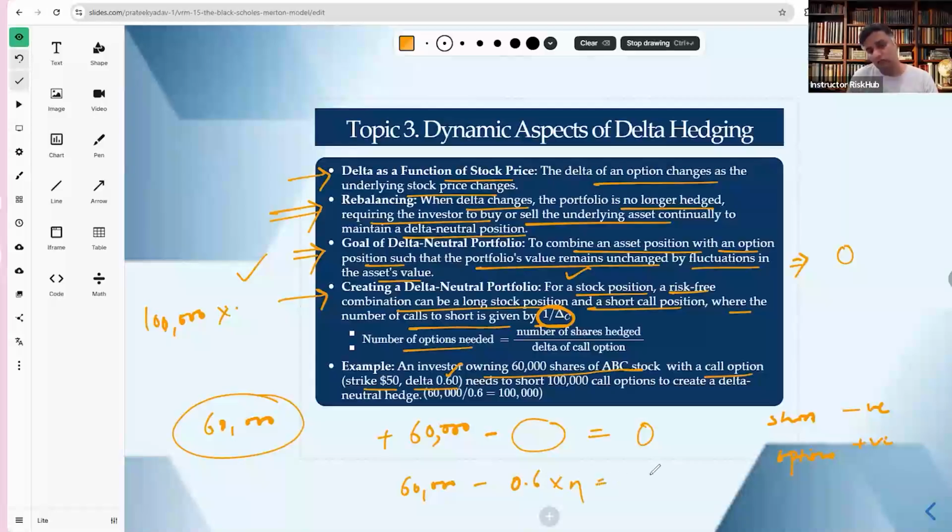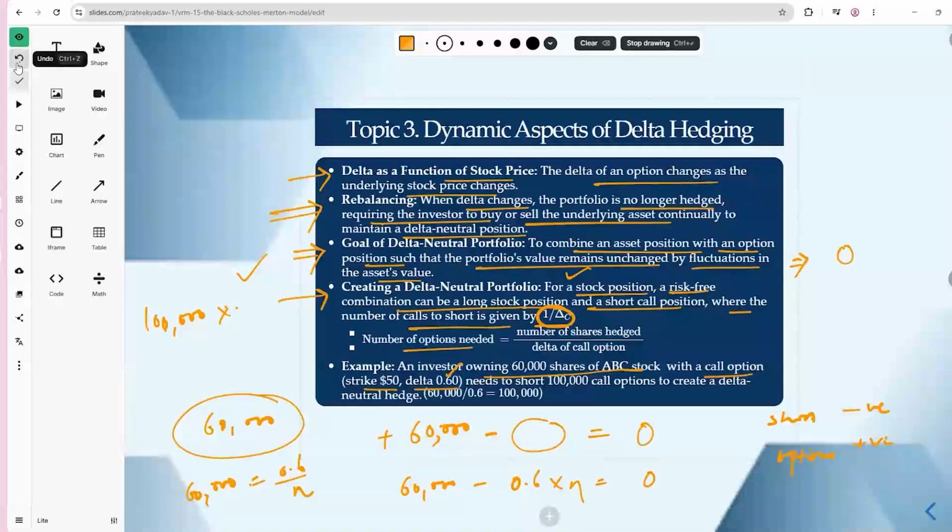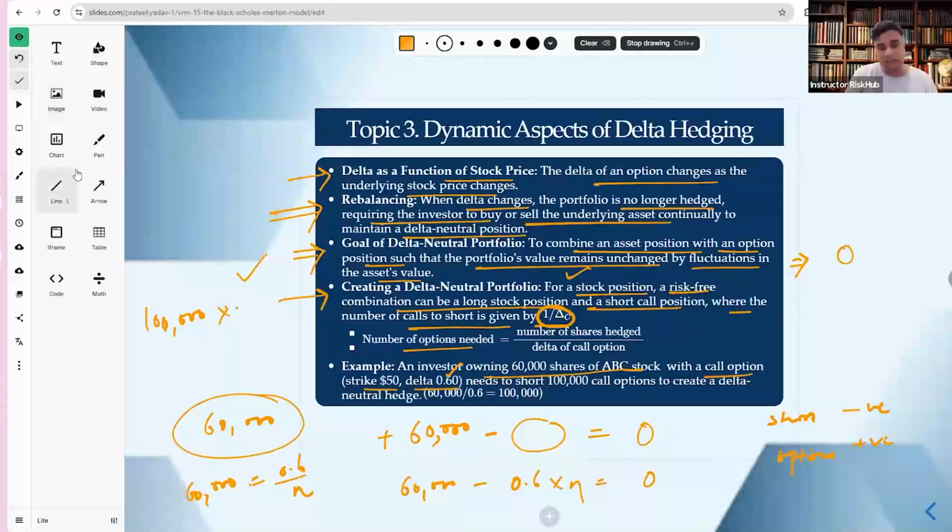N is equal to 60,000 divided by 0.6, which makes it 100,000.